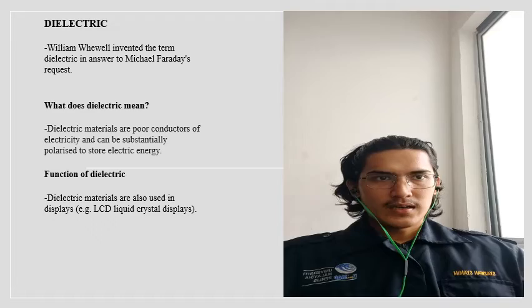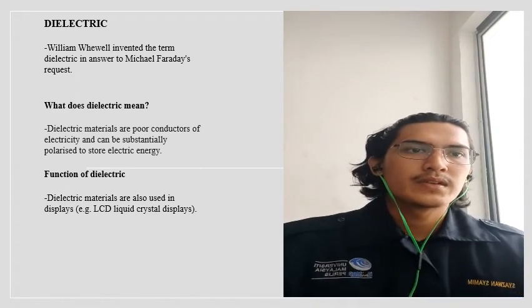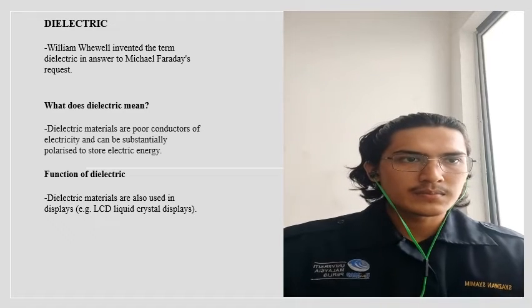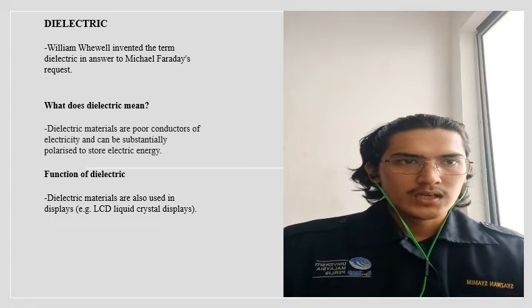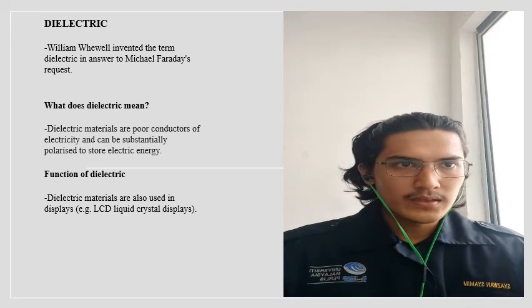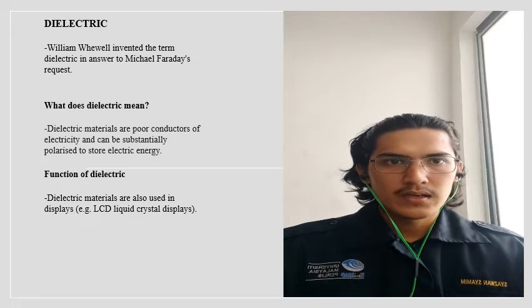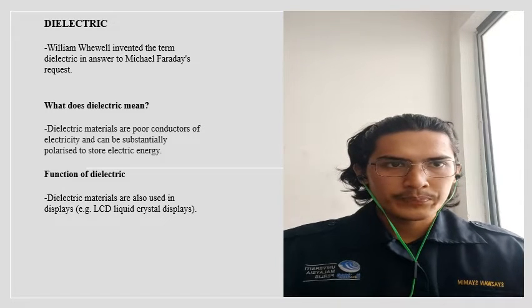What does dielectric mean? Dielectric materials are poor conductors of electricity and can be substantially polarized to store electric energy. Dielectric material can shift from equilibrium position when placed in an applied electric field due to the non-transmission of electricity.